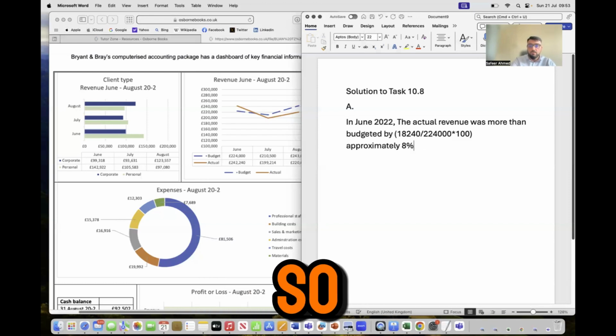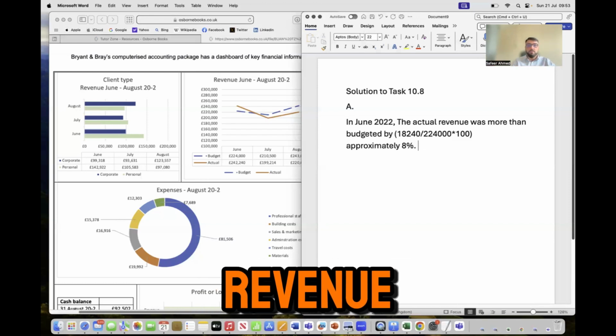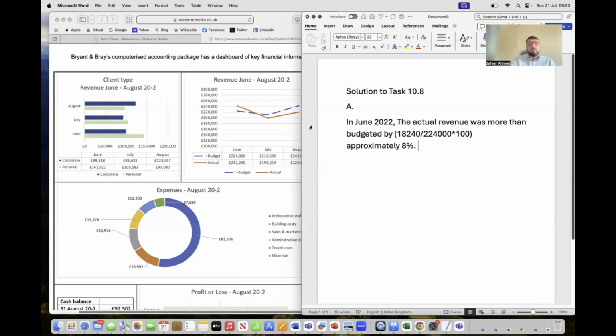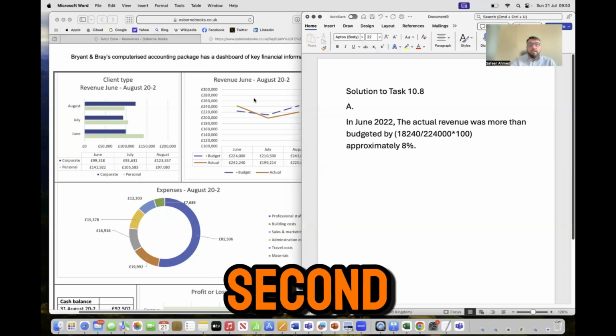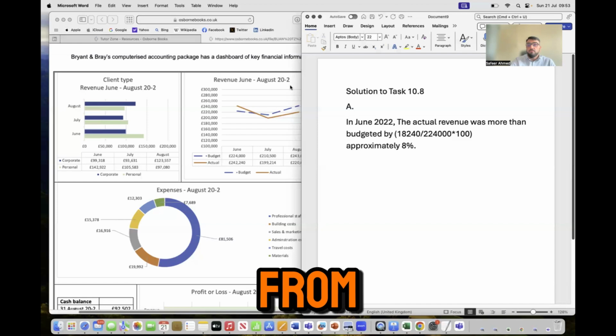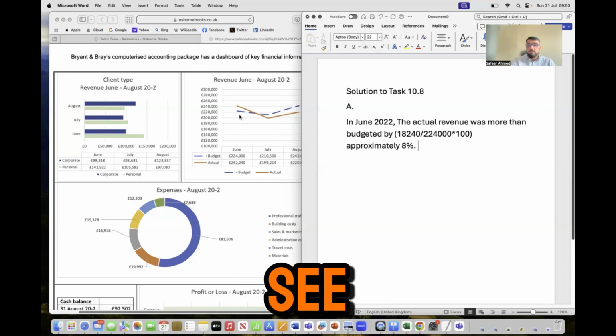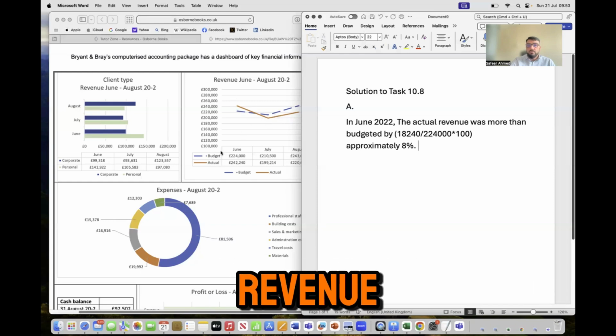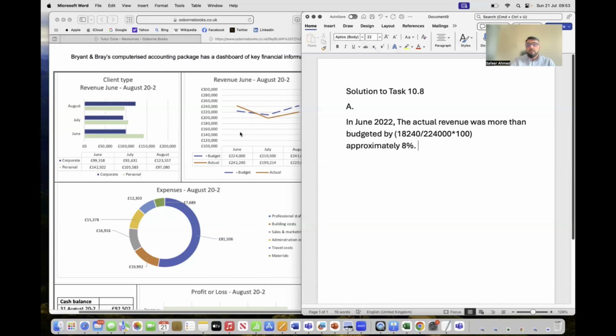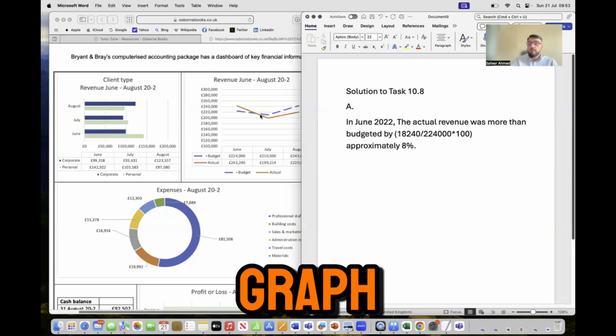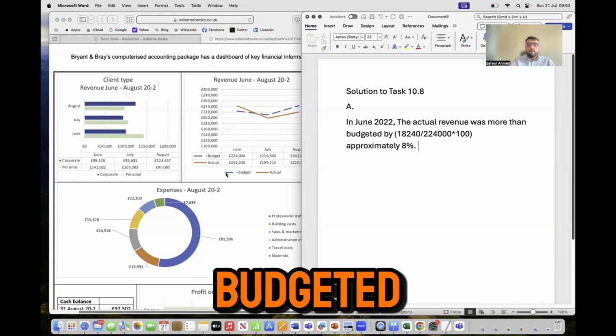So you talked about the overall revenue as compared to budget, which was in your second graph here, the revenue from June to August. You can see that the thick orange line is the actual revenue, and the broken blue line in the graph is the budgeted one.